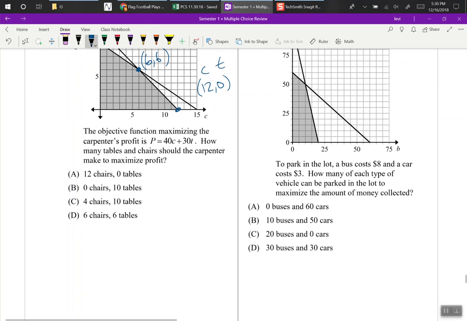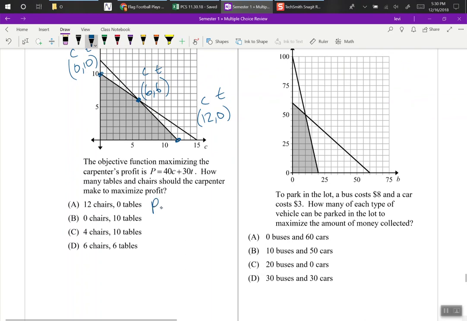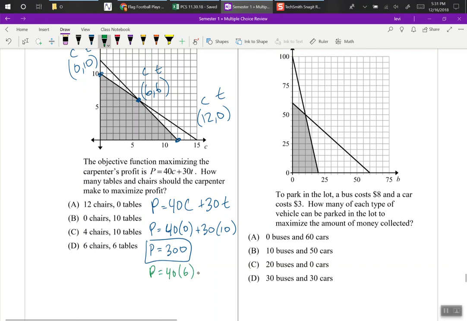So we want to plug each one of those into P equals 40 C plus 30 T. The first one, 0, 10, would be P equals 40 times 0 plus 30 times 10. So the first one, our profit would be 300. The second one would be P equals 40 times 6 plus 30 times 6.